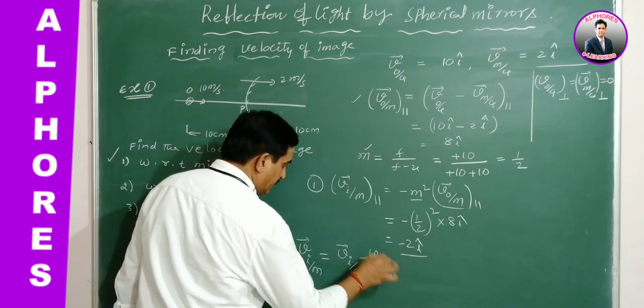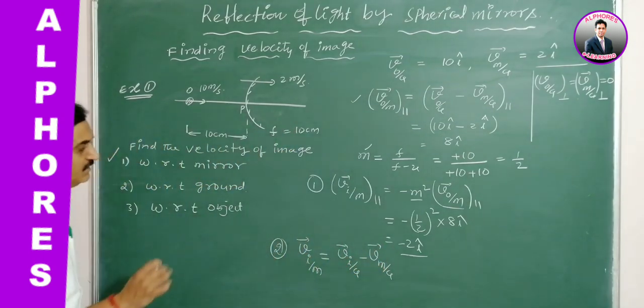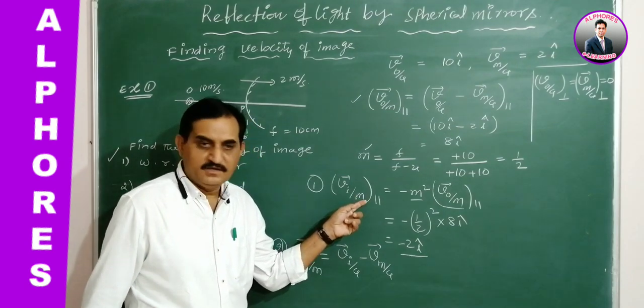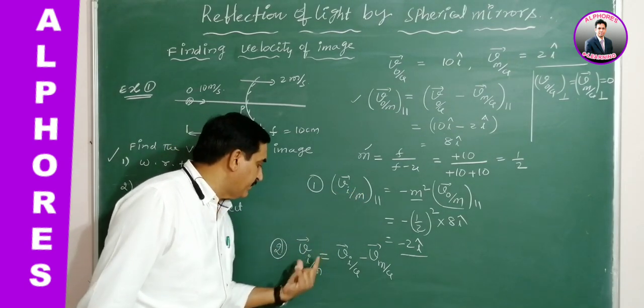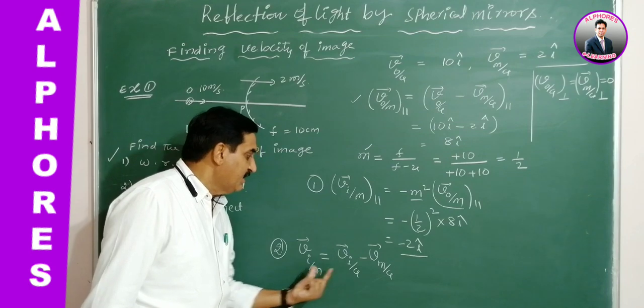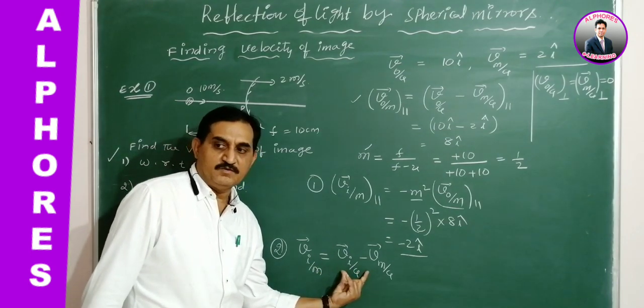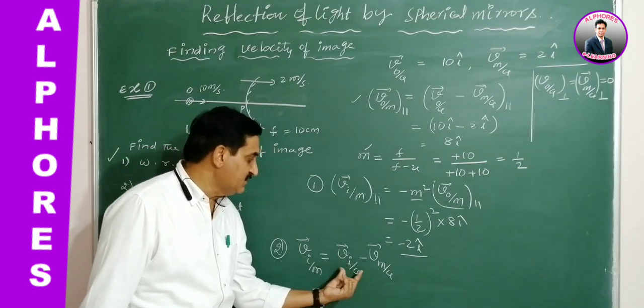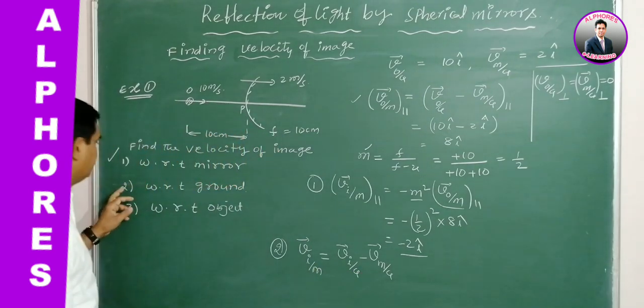Every time after finding the velocity of image with respect to mirror, write the same formula, and after writing this equation just simplify and you will get the result with respect to ground.